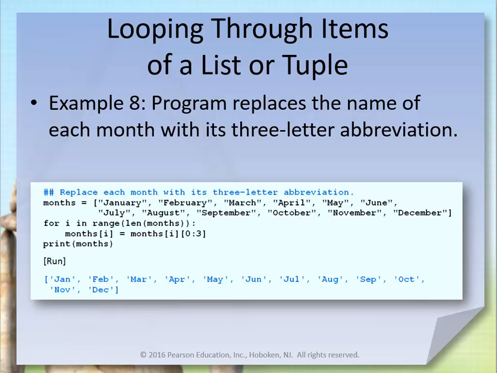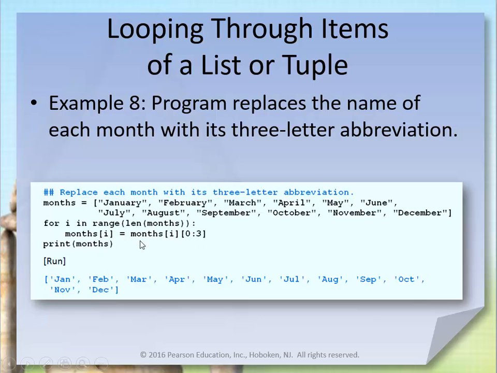So here we say, we have our months already predefined, for i in the range of the length of months. So the length of months tells you how many elements there are in here. So that tells us how many times we're going to loop through it. And then we're saying, let's read from right to left.